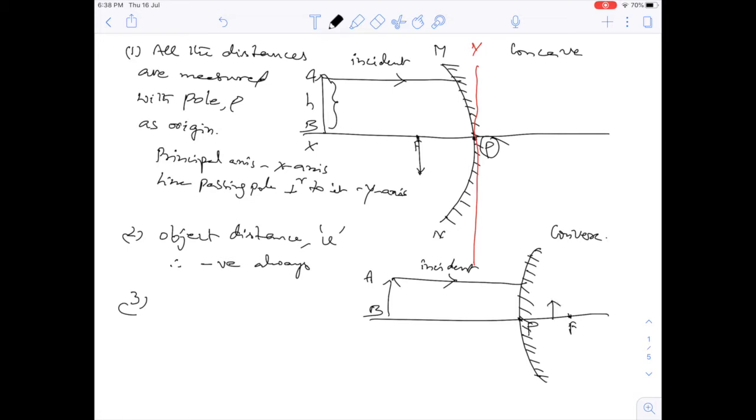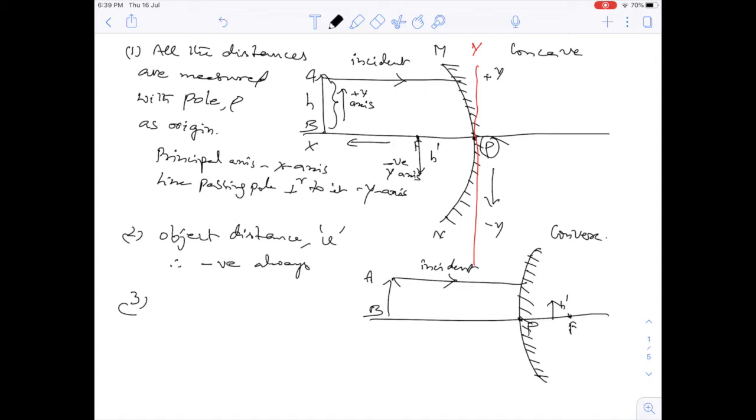I will consider this image height as h dash. Now, all the distances measured perpendicular to the principal axis: this is the x-axis and this is the y-axis, so this is positive y and this is negative y.